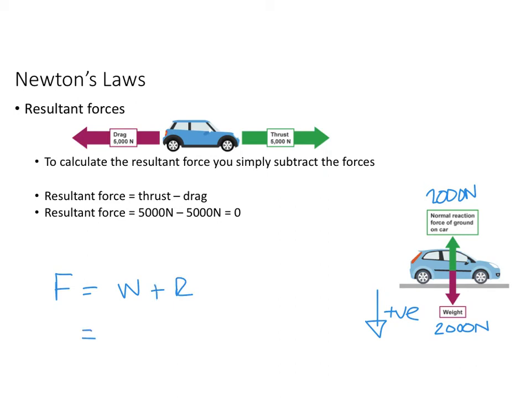The weight is 2,000 newtons, and because down is positive, we add minus 2,000 newtons. That is 2,000 take away 2,000 equals 0 newtons. Very important that we remember our units. They are worth a mark in your exam, and they make sure people know that you're talking about forces.